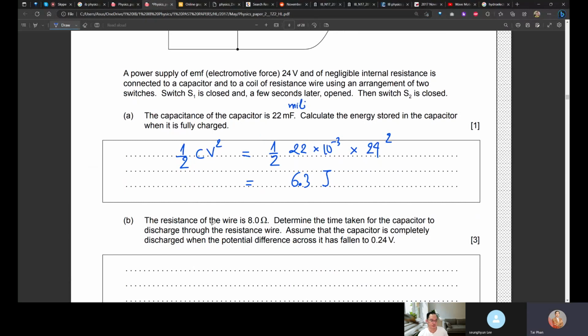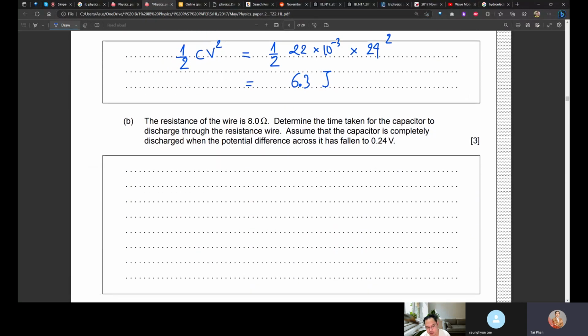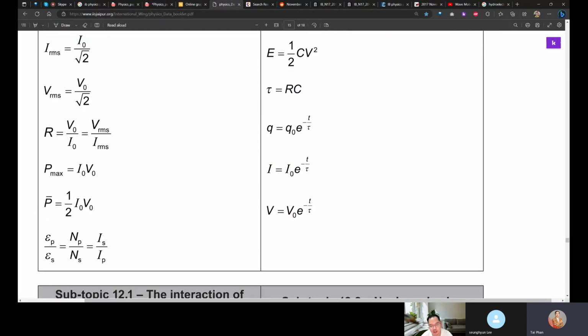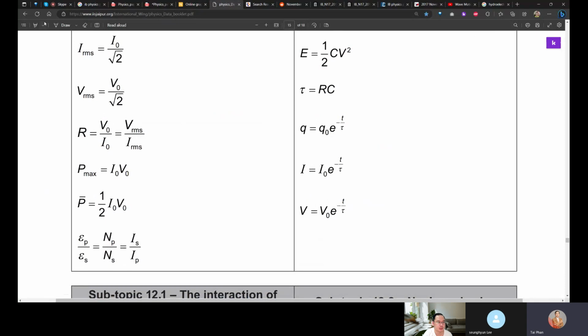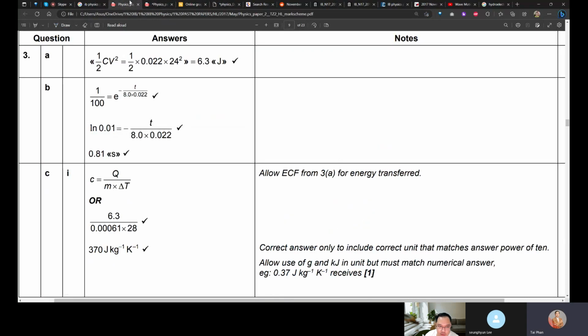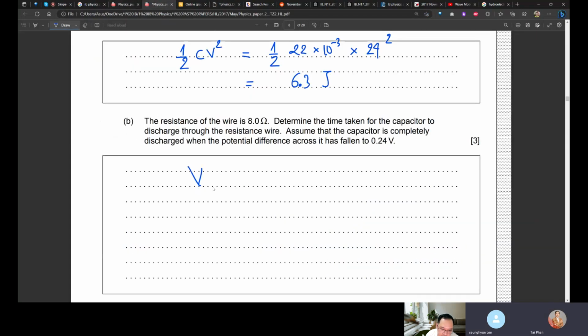Question B, the resistance of the wire is 8 ohms. Determine the time taken for the capacitor to discharge through the resistance wire, assuming that the capacitor is completely discharged when the potential difference across it has fallen to 0.24 volt, which is the final voltage on the capacitor. So you can use the formula for the discharging process. Let's calculate the time constant first.